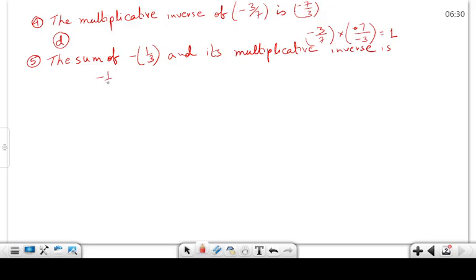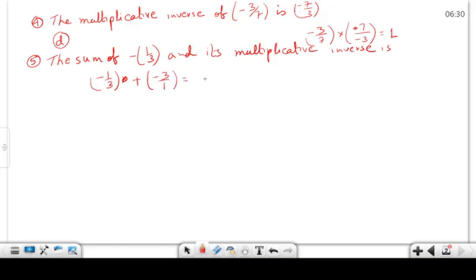Minus 1 by 3 and its multiplicative inverse is minus 3 by 1.